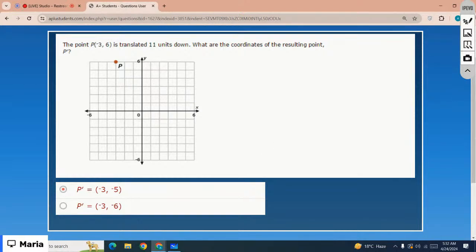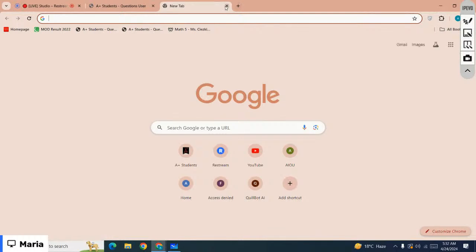Negative 3 and negative 5 is the correct option, option A, right?